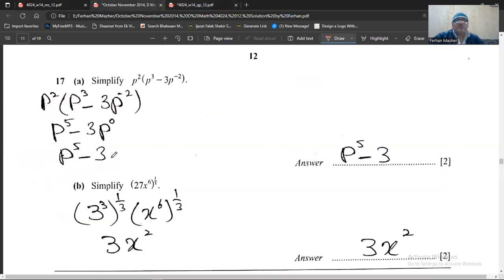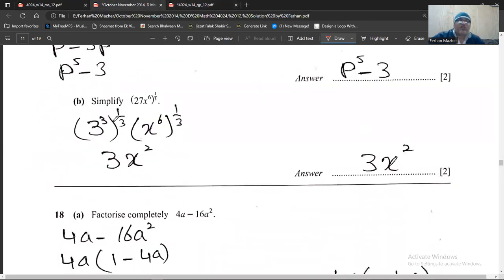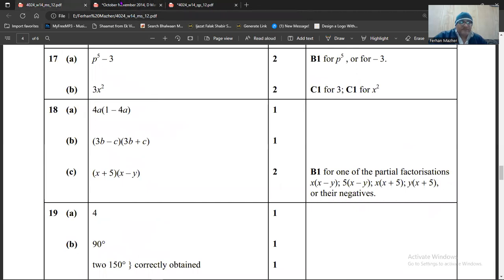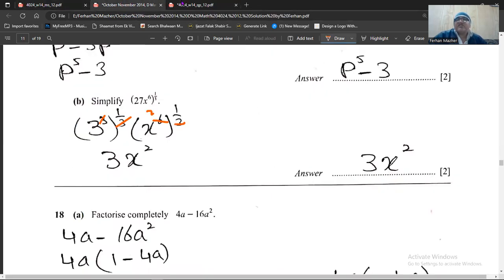So then I will give this power to both of them. So 3 cube raised to power 1 by 3, x6 raised to power 1 by 3, power of the power multiply. This 3 and this 3 will be cancelled. This 3 and this 6, it will be 2. So you will have 3 raised to power 1 and x square. So this is the answer. Answer is right. This is the solution.